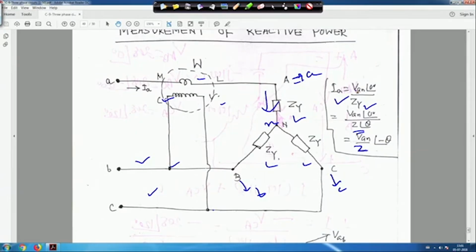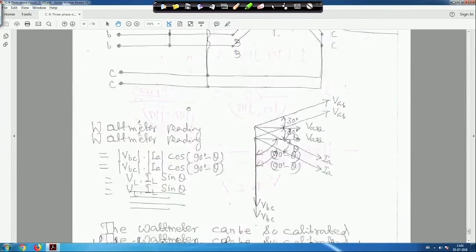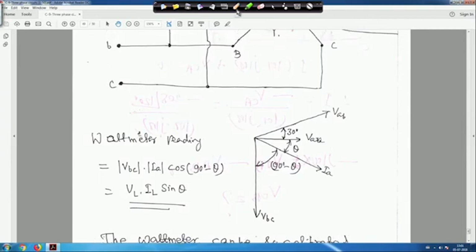Similarly for Ib and Ic. Now the question is, if you connect this, what is the value of the reactive power, how are you doing it? In this case you draw the phasor diagram. Suppose this is VAB and this is my VAN, and the current lags from Van by angle theta.